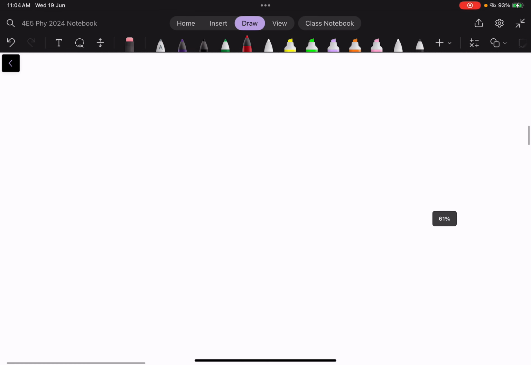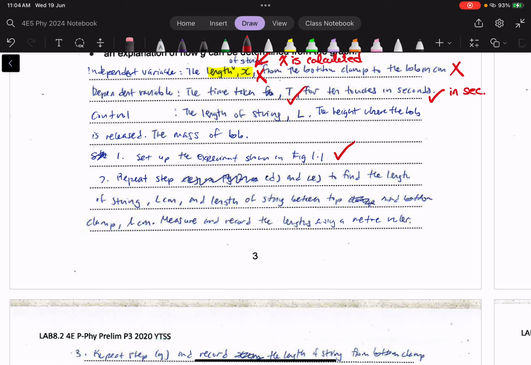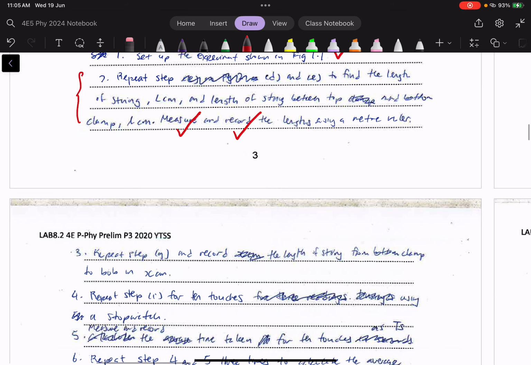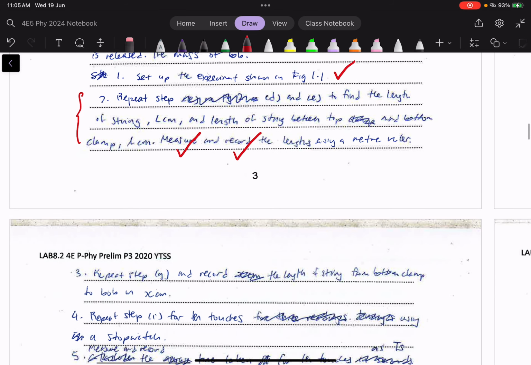Let's look at the second student. Set up step. Actually all these are blah blah blah in my mind, no use. Okay, I see the measure and record. Record what? Length what?